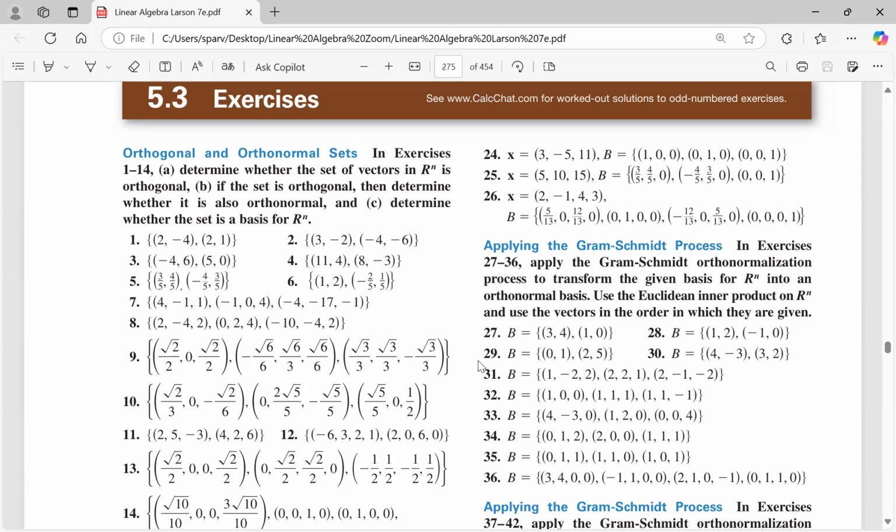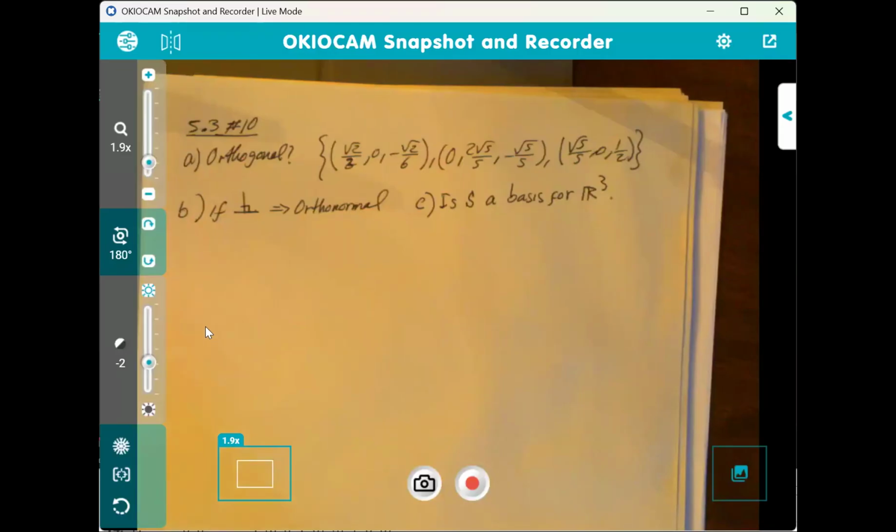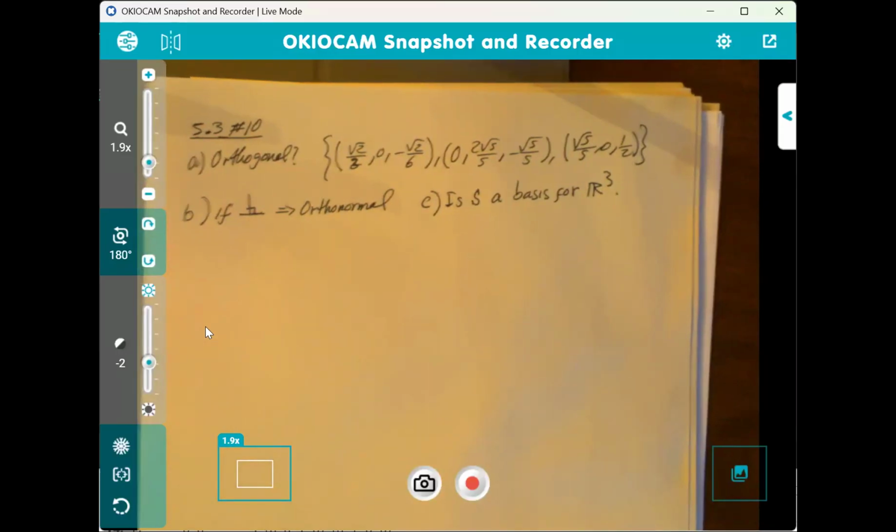And in part C, determine whether the set is a basis. Is the set S a basis for, in this case, R3, because we have 3 vectors. Now, let me switch my share to my notepad. Okay, so I have written this for you now.